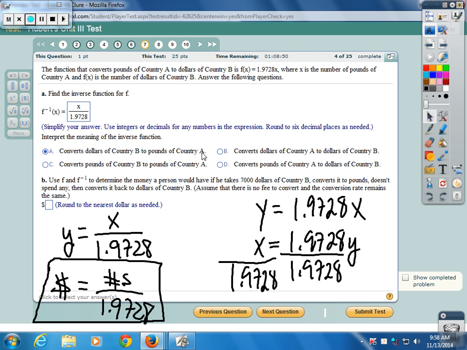All right. Use f and f of -1 to determine the money a person would have if he takes $700 of country B. So that would be 700. You plug that in for x. No, plug it in for 7,000.